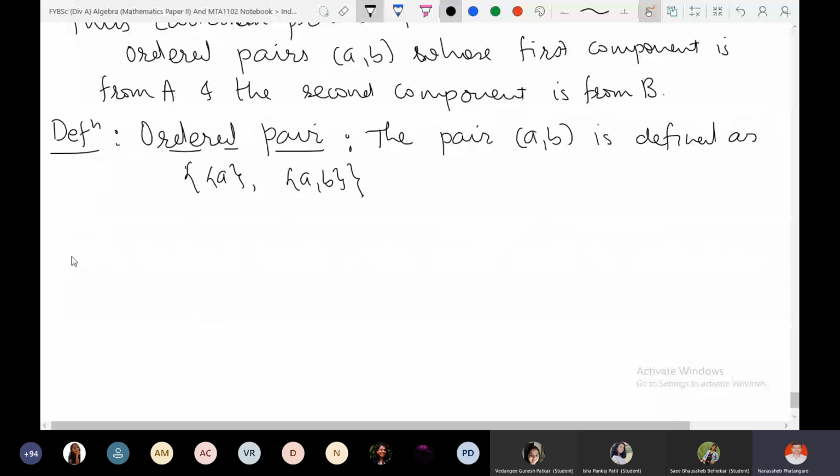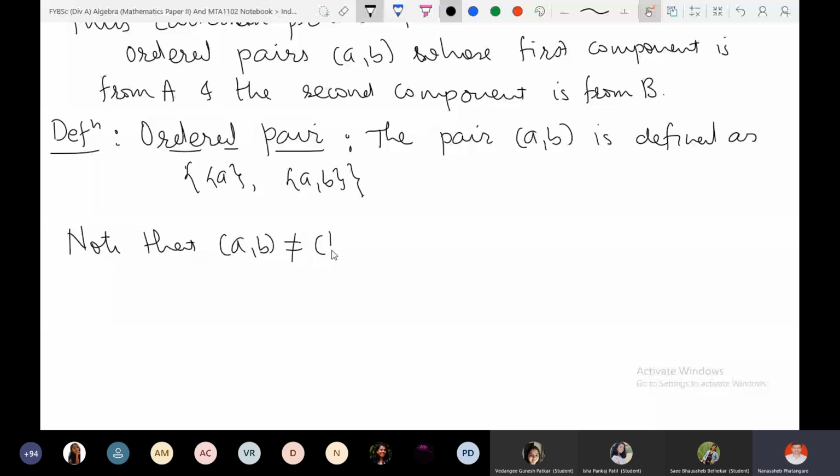So note that pair AB is not same as BA, right? That we should remember, because otherwise many pairs will be equal.